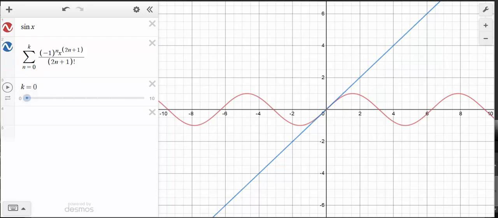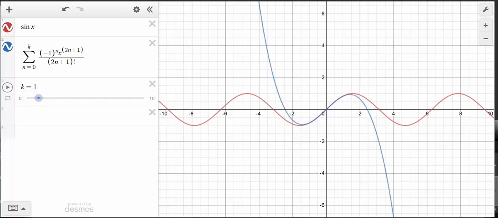So I start off with k equaling 0, and what we have is the summation n going from 0 to 0. So really, we just get the very first term of the Maclaurin expansion. And remember, that was just x. X was the first term. And you'll notice I've got the line y equals x right there. Now let me go 2 terms.